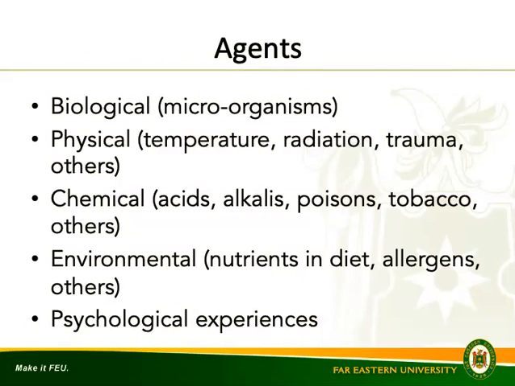When we talk about biological agents, they refer to the microorganisms, your bacteria, your viruses, etc. And then when we refer to physical agents, they could be the temperature, the radiation exposure, the trauma, etc. Chemical agent refers to either acids or alkalis or poisons or tobacco and other toxic substances. Environmental agents might refer to nutrients in the diet or allergens in the environment or others, while psychological agents can refer to the psychological experiences and motivations.